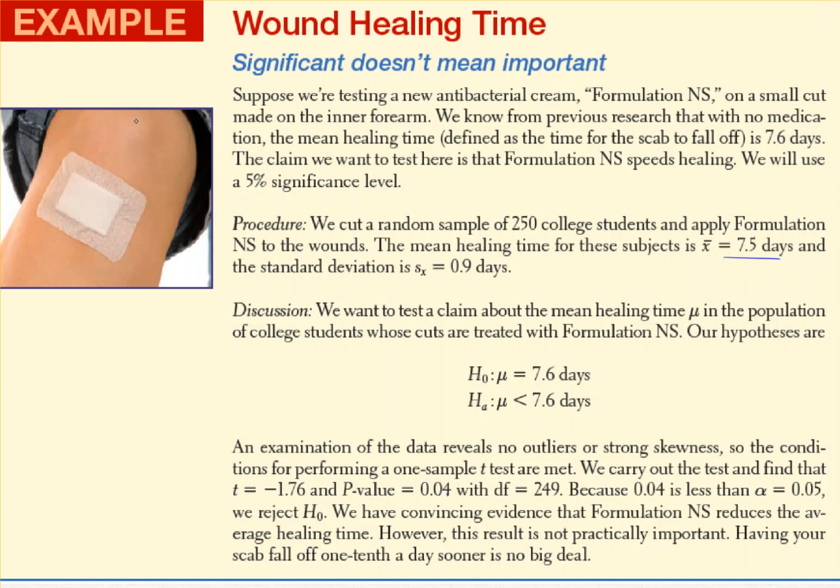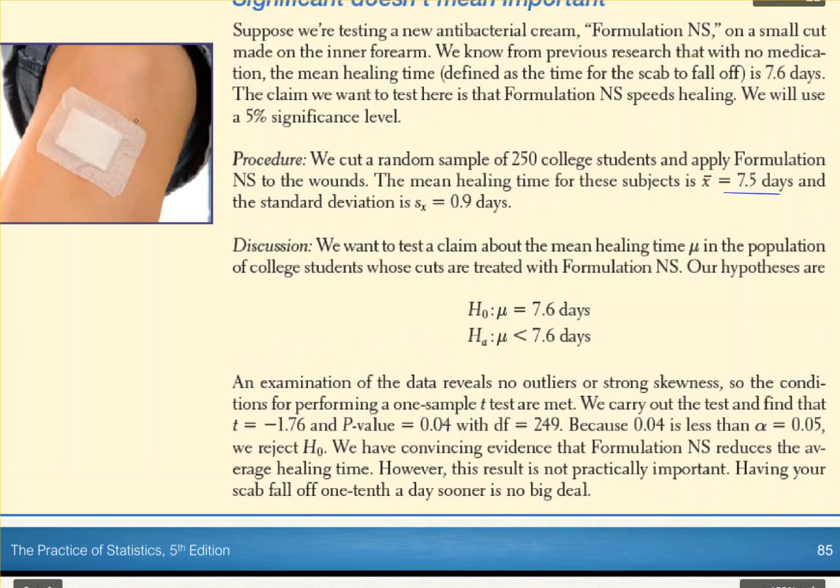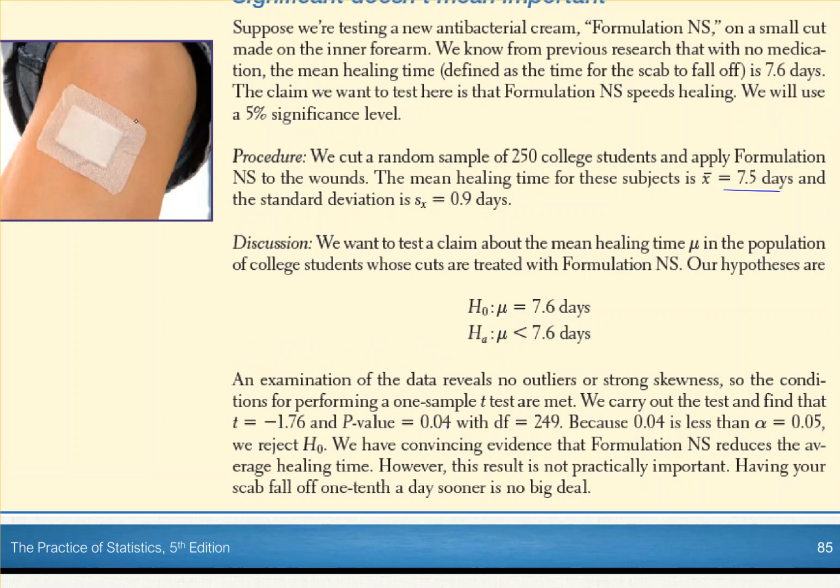But we ended up with a mean healing time of 7.5 days, and it doesn't really matter whether your wound heals in 7.6 days or 7.5 days. So while it's statistically significant, that does not mean it's a significant development. Statistically significant just means there is evidence that it's less than 7.6. It doesn't have to mean it's significantly less than 7.6.